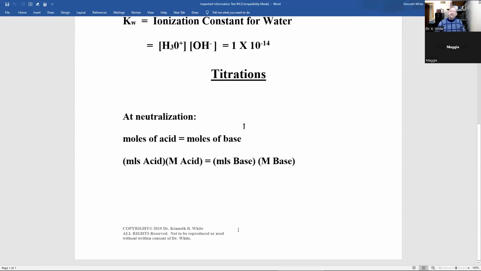If you look at test number 4, important information: titrations at neutralization, moles of acid equals moles of base. Again, this is for monoprotic acids, which we'll only use in this class. And I show you milliliters of acid times molarity of acid equals milliliters of base times molarity of base.